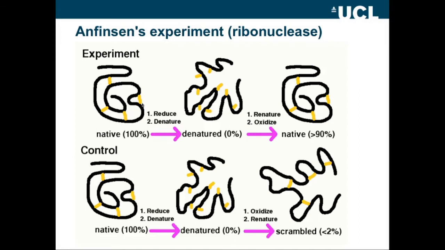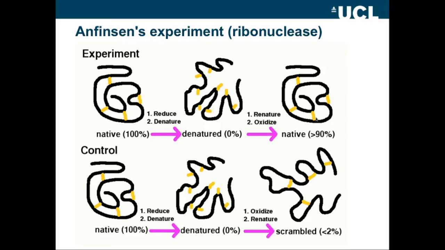He then reduced it to break these disulfide bonds and denatured it by adding something like urea. So the denatured protein then has essentially 0% activity. If you then renature by dialysing out the urea and oxidize, then you recover about 90% of the activity.